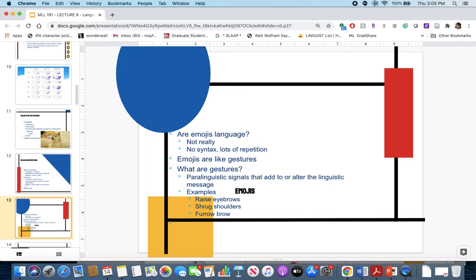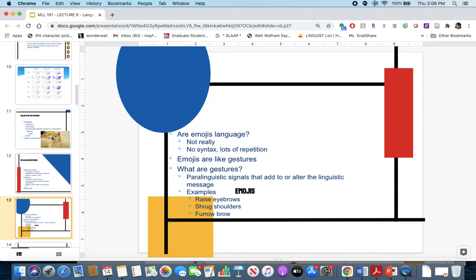Now, are emojis considered a language? Because sometimes you can type in whole conversations using emojis. I have a friend who, instead of responding with yes or no, will just respond with a thumbs up, or will respond with an emoji. And we would not say it is a language, if you consider all of the elements of a language in the first two PowerPoint slides, right?